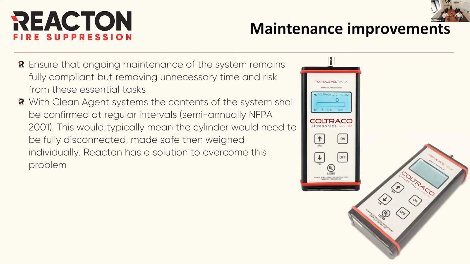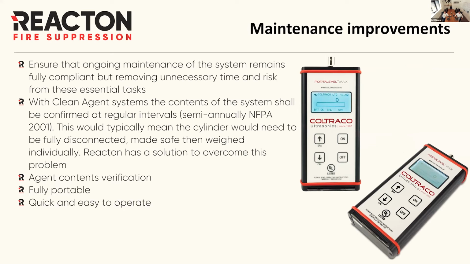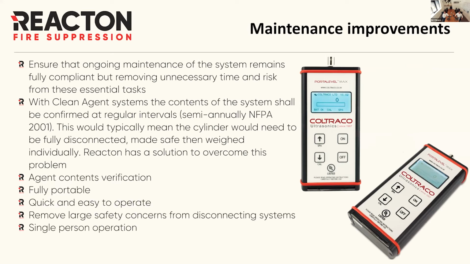Here, this is really looking more towards the wind turbine side, the improvements and solutions that Reacton can offer for improvements in your maintenance. Anyone who's familiar with clean agent systems knows that you have to maintain and inspect these at regular intervals. And part of that is actually confirming the contents.